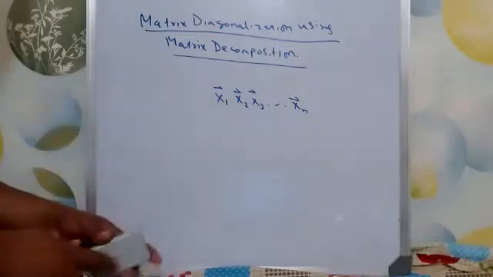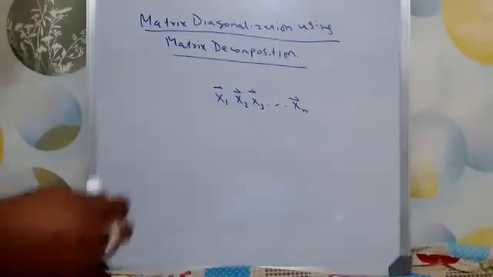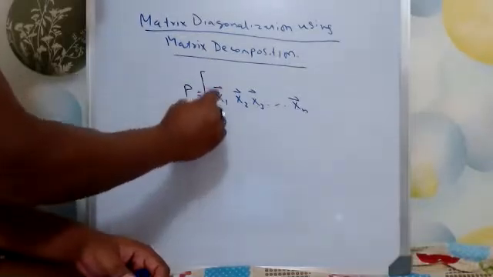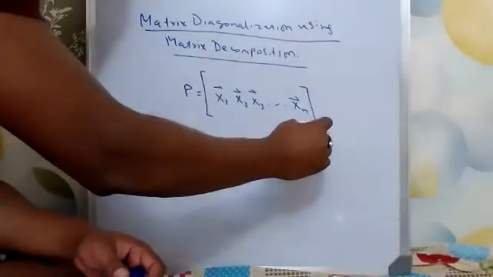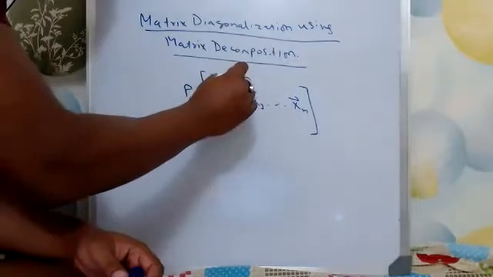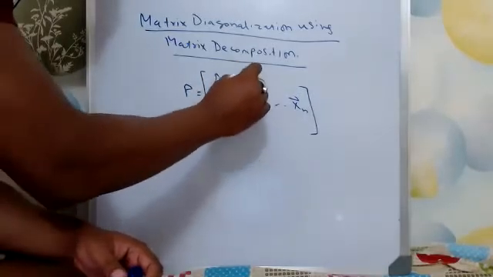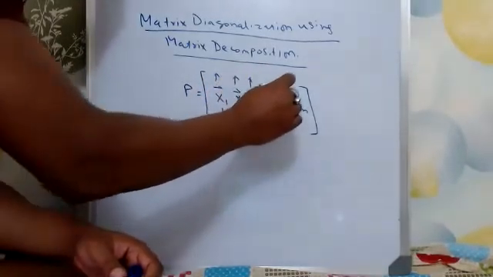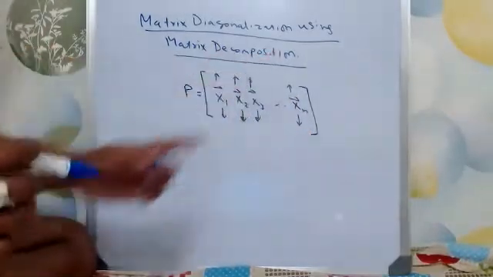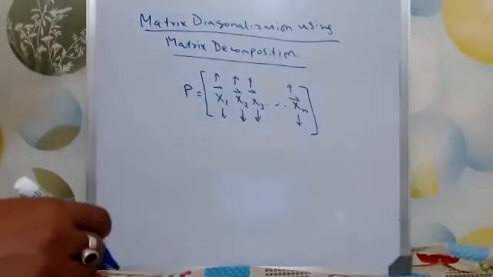Now if I stack these eigenvectors in a matrix P horizontally, each eigenvector is a vertical vector, and I stack all these vectors one after another in a horizontal manner.